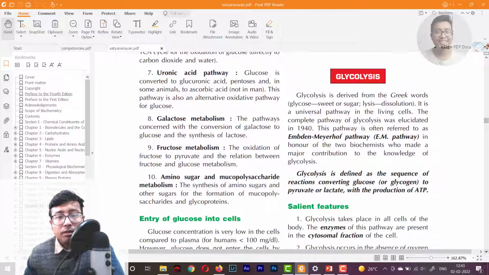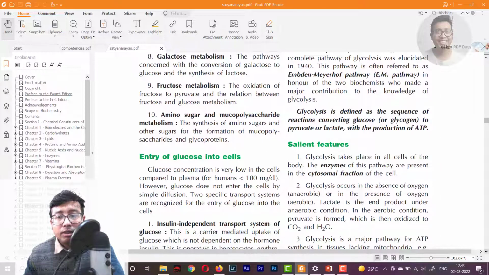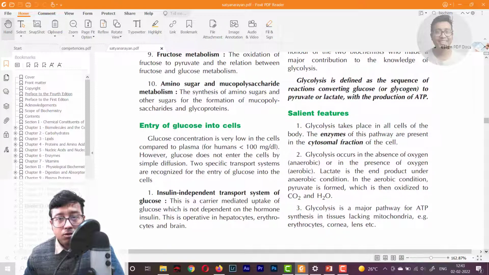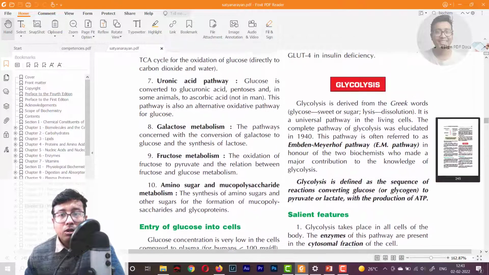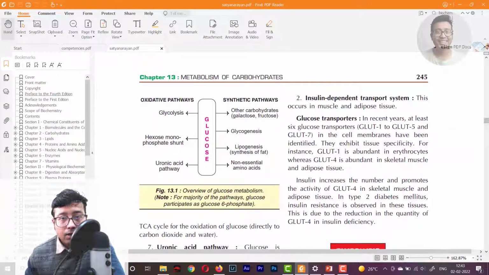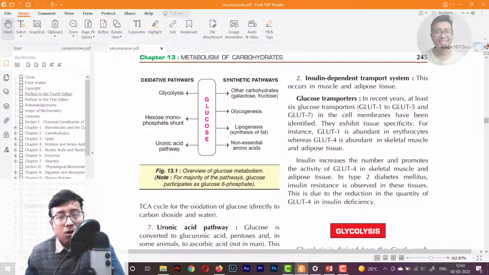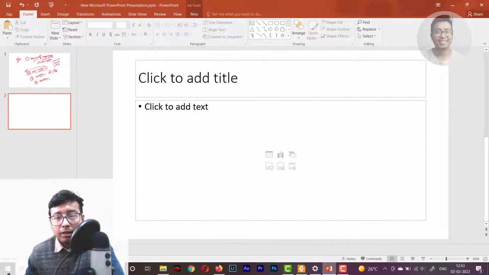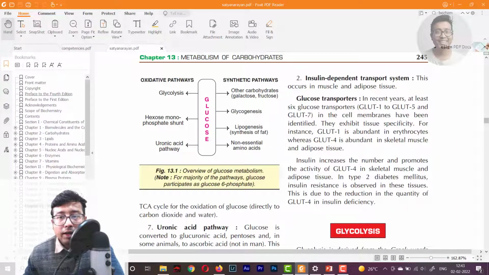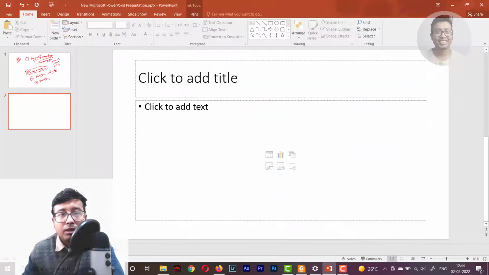To start with, entry of glucose into the cell, that is absorption of glucose, you need to know a short note about glucose receptors. Just add beside this page, write SN, short note about glucose receptor. Glucose receptors are of two types.